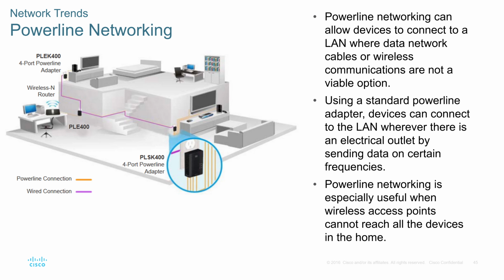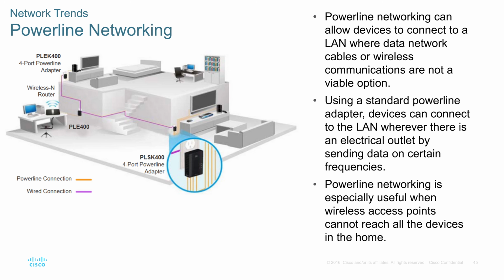So it allows devices that are far away from your network hub or router to be connected using power lines already built into your house, as opposed to actually running a data cable across the living room floor, for example.